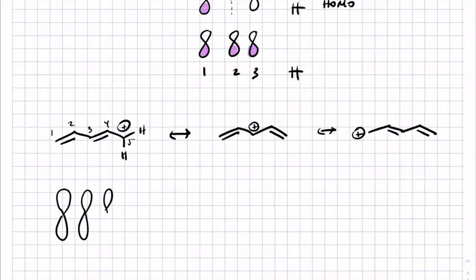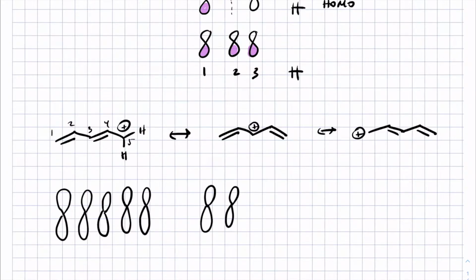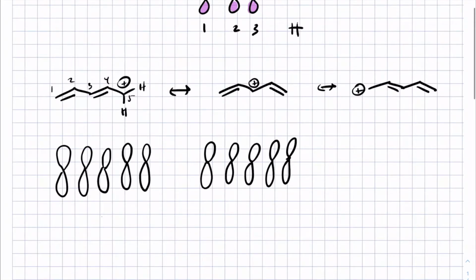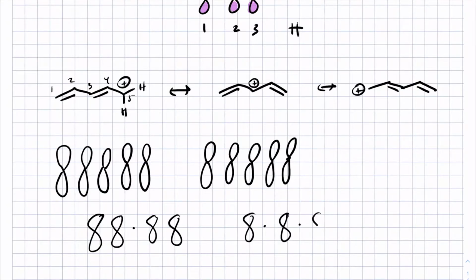Going to take me a minute, so I apologize. It's going to take me longer because I don't like my drawing. There's one. There's another one. Let's see, there's another one, and another one, and another one, and now all I got to do is fill in the phases.